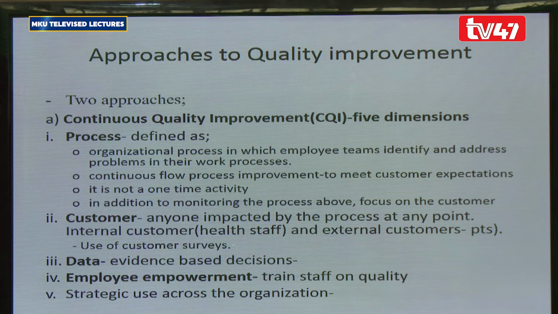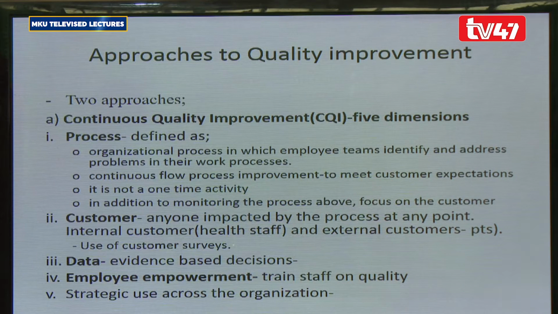The first one is process. We look at the process. How is the process organized? We make sure that all the steps in a process are taken care of and it is the right process that we need to look at.